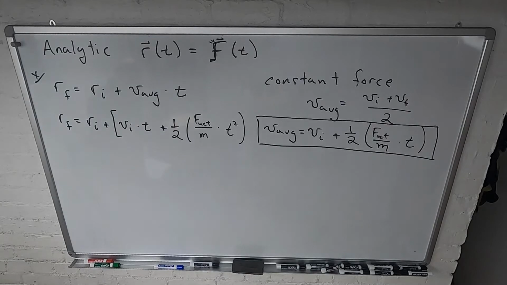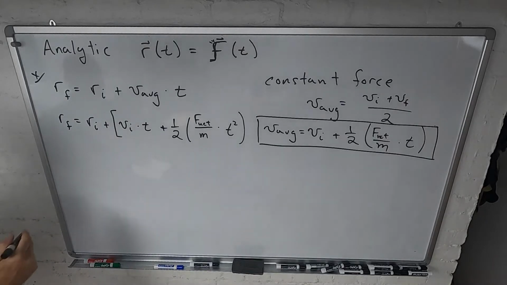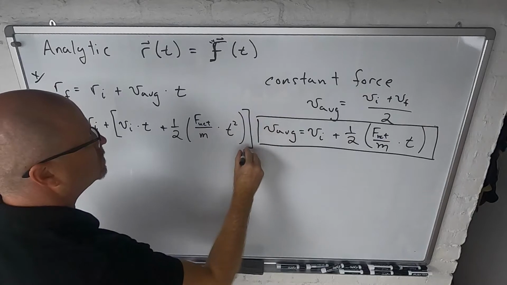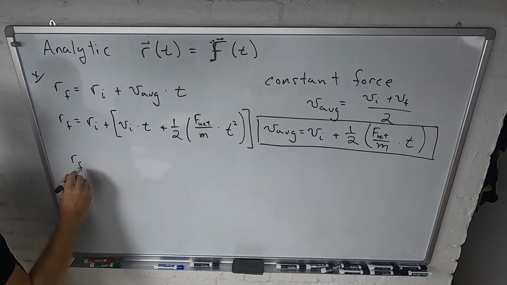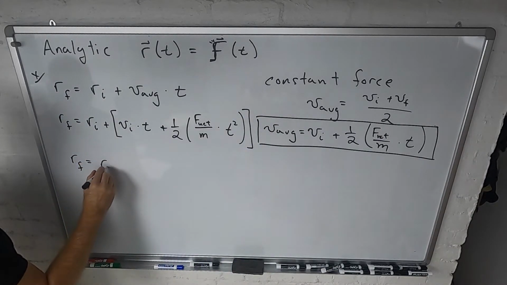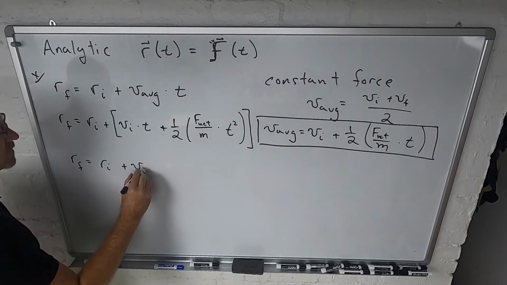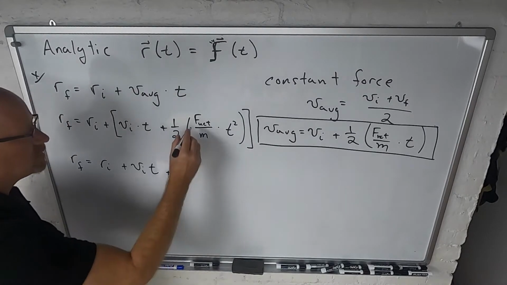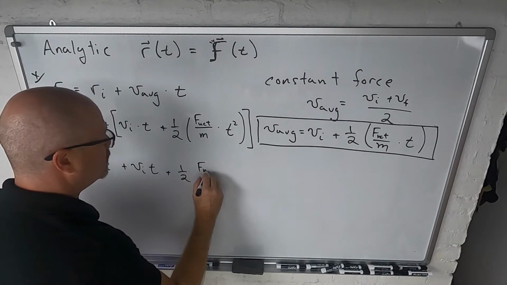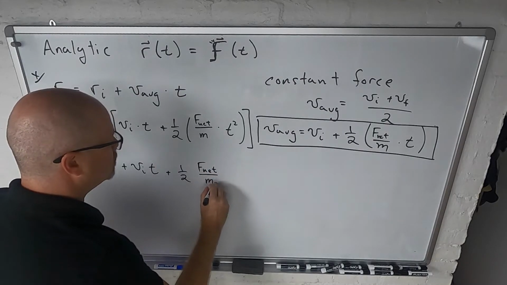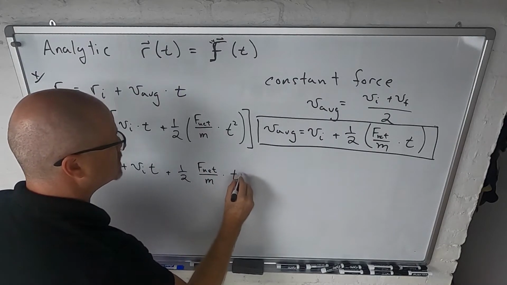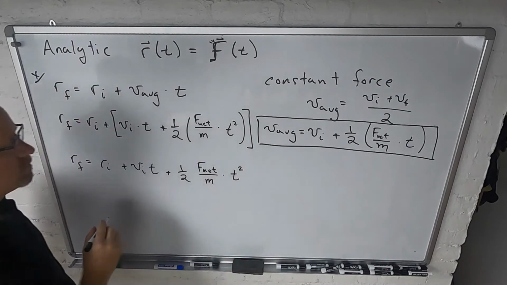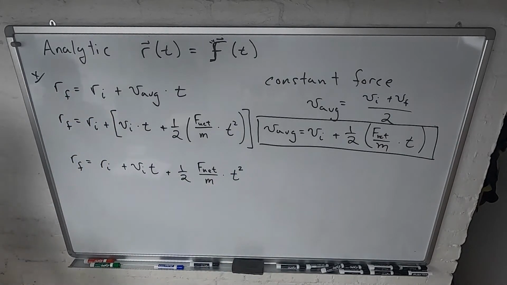Okay. So, that's pretty cool. I'm just going to rewrite it here, getting rid of some of the brackets, equals R initial plus V initial times T plus 1/2 F net over M times T squared. Now, if you've taken physics in high school, you may remember this form from starting with kinematics.